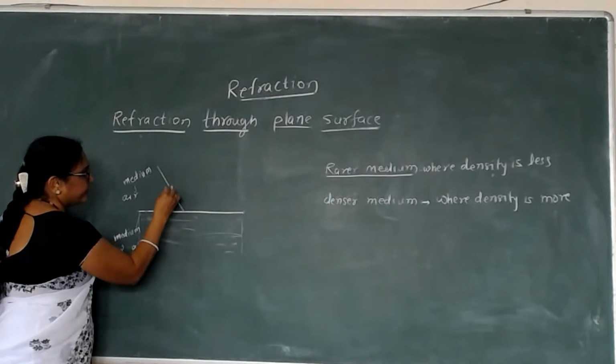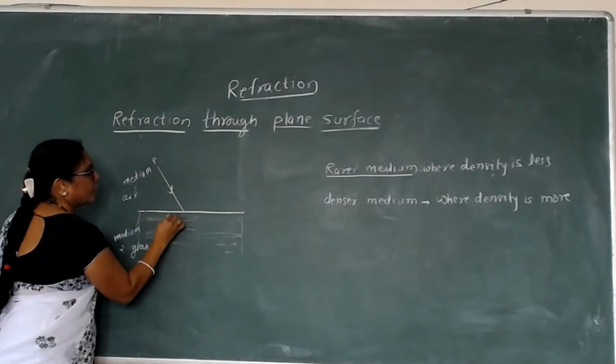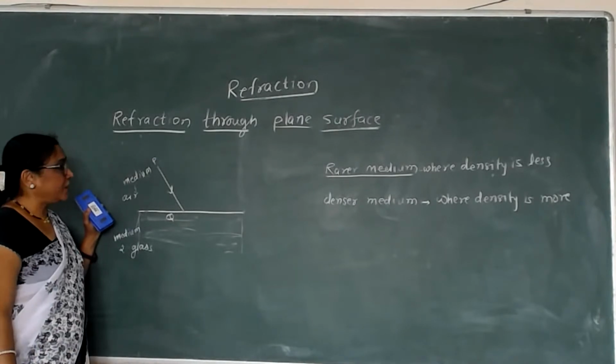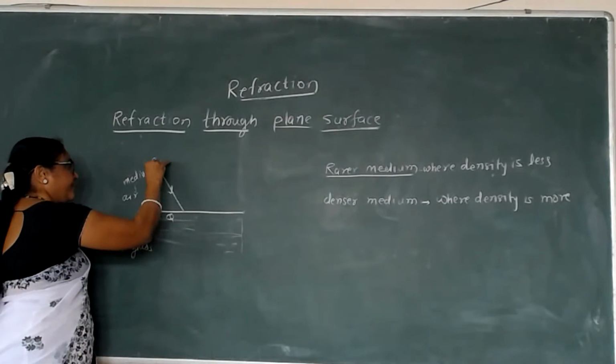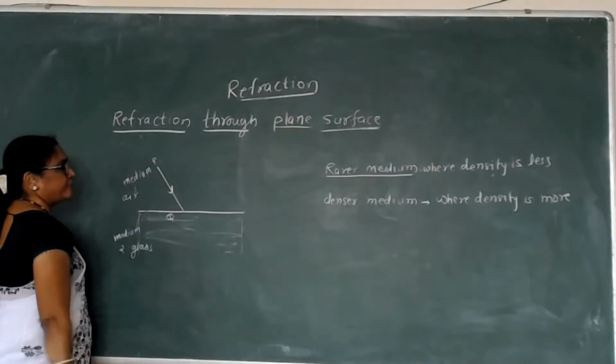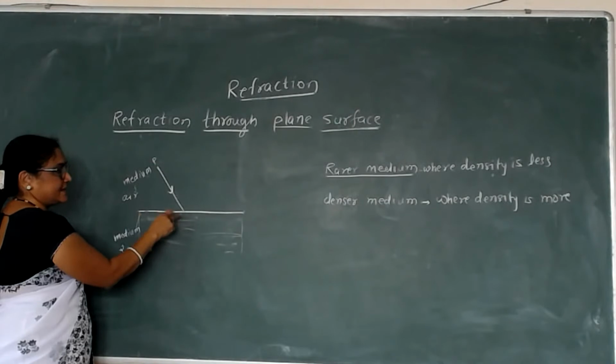This ray of light, suppose this is PQ. This PQ is known as an incident ray. Then draw a straight line at the point of incidence.